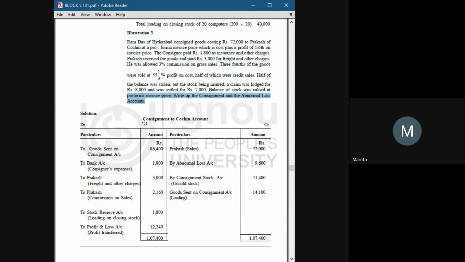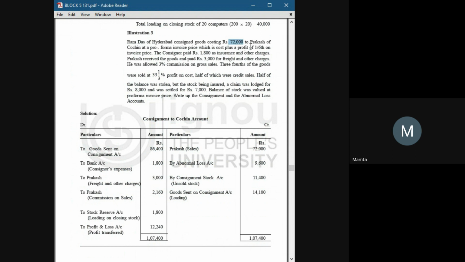Let's create the account. First, the consignment account, in the books of Ramdas, Hyderabad, the consignor's books. So the first entry would be: consignment account debit, to goods sent on consignment, 86,400.